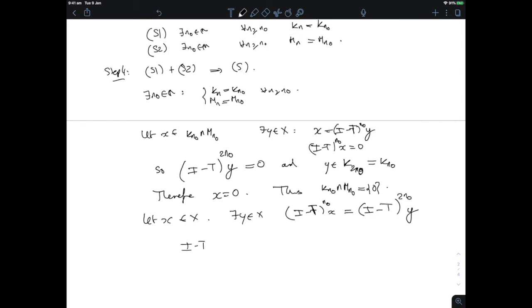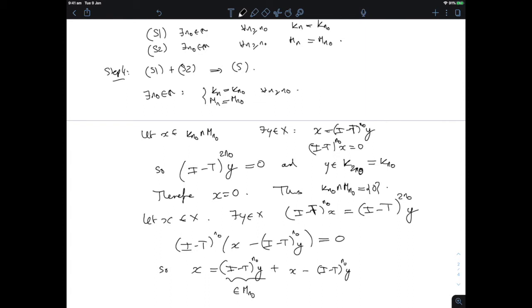That tells me that I minus T to the n naught of x minus I minus T to the n naught of y has to be 0, and therefore I can write x as I minus T to the n naught of y, which is in M_n naught, plus x minus I minus T to the n naught of y, which is in K_n naught, as we've just proven.